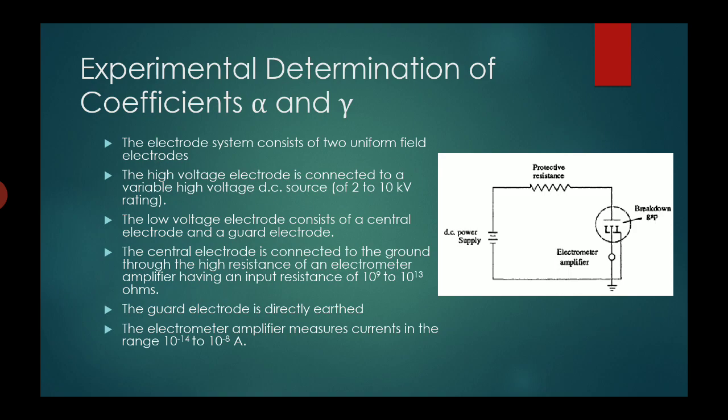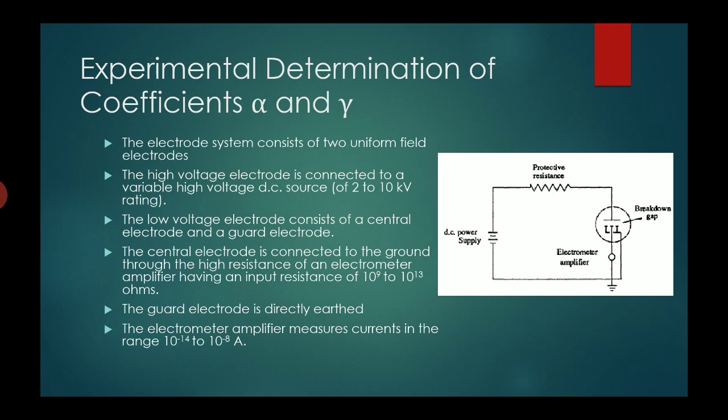Okay. Now we come to the experimental determination of coefficients alpha and gamma. The experimental arrangement is shown in this figure. Is it visible properly? Okay, you have a DC power supply. The electrode system consists of two uniform field electrodes. So you have the electrode system here.